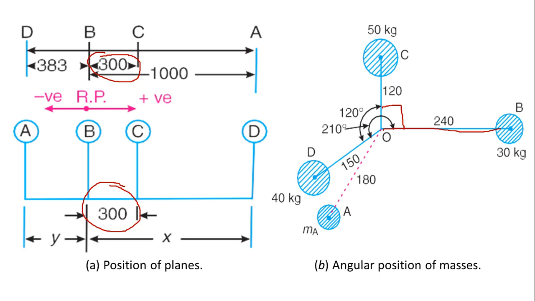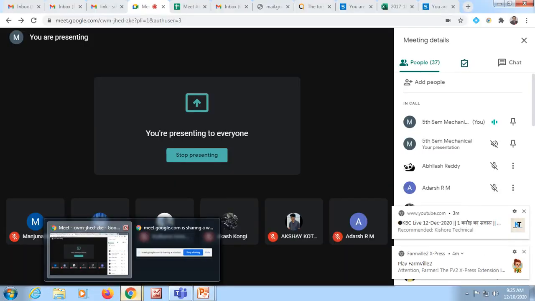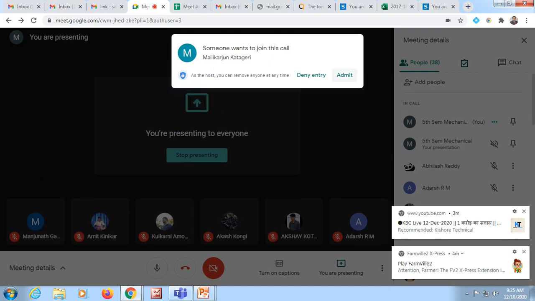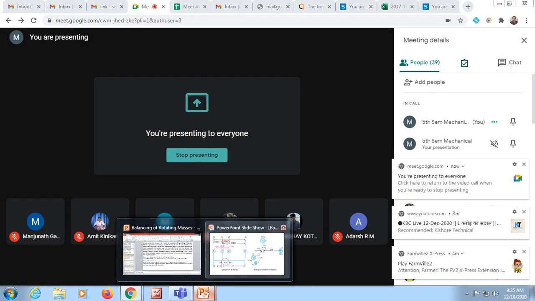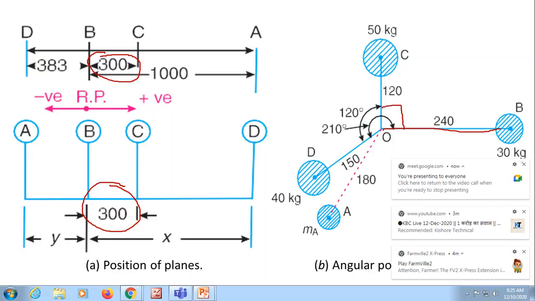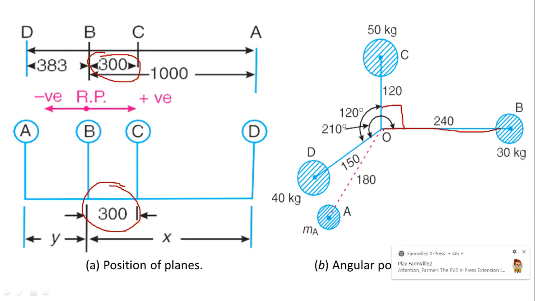In this case, problem solving becomes a little bit complex, because even though there are 4 planes, the lengths between the planes are not all given, only for B and C it is given in the question.